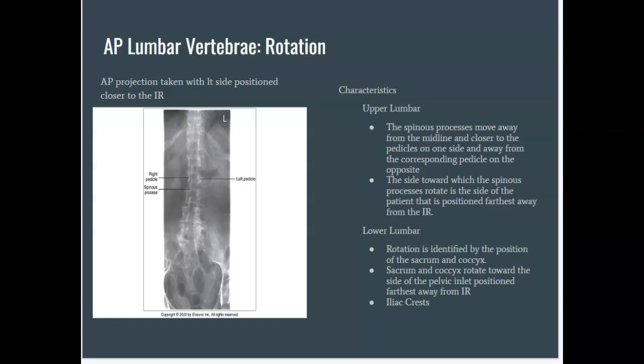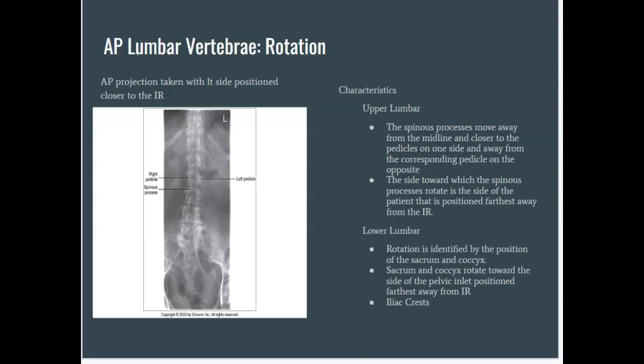On rotation, however, the sacrum and coccyx tend to rotate towards the side of the pelvic inlet positioned further away, or the side that is positioned up. So again, in this image, the sacrum and coccyx is positioned more towards the right. That means the patient's right side is higher than the left, and the patient's in an LPO projection.